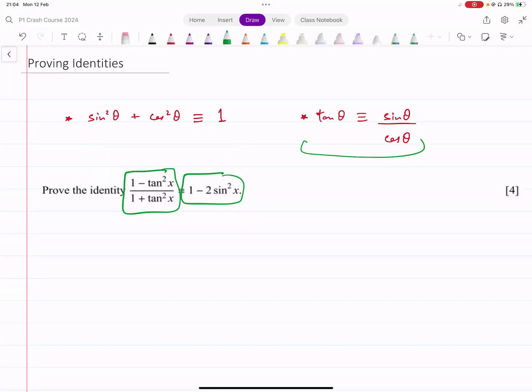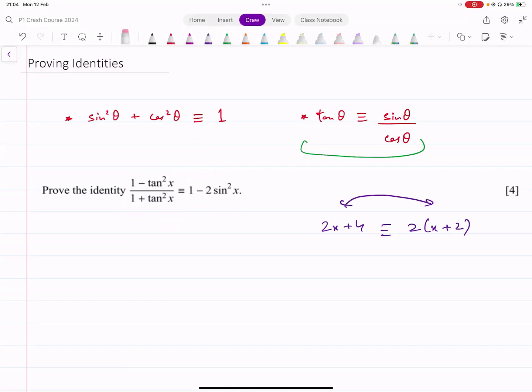They're just two different forms of writing the same thing. Just like 2 into x plus 4 is identical to 2 into x plus 2. These are two different forms of writing the same thing.